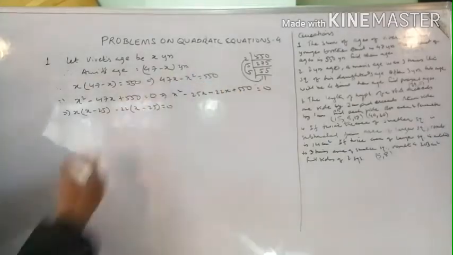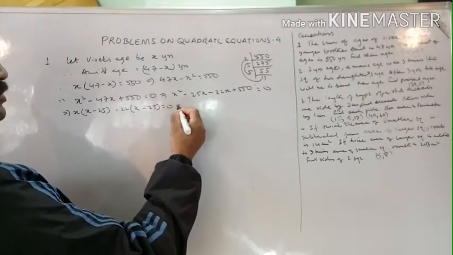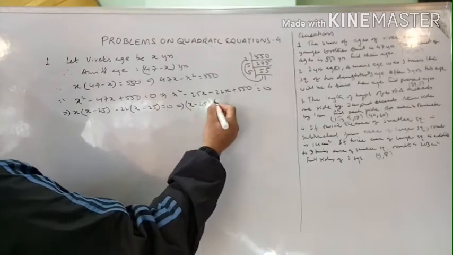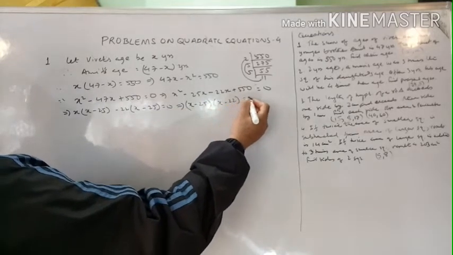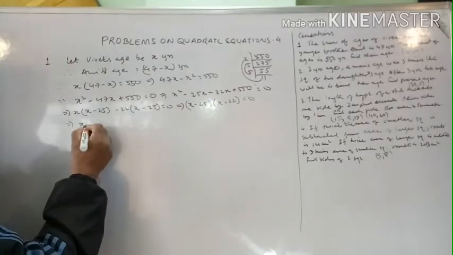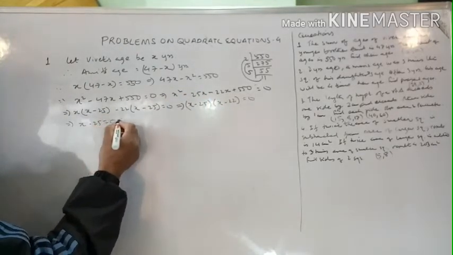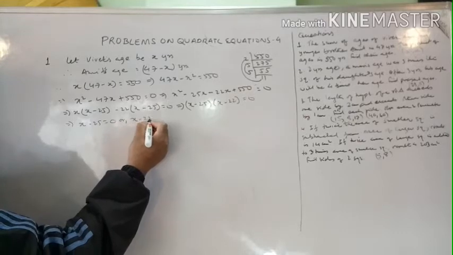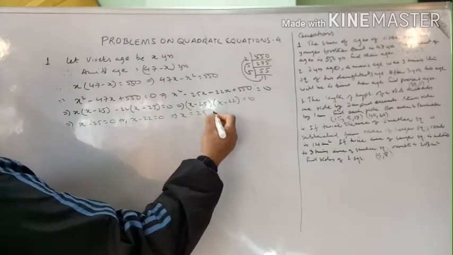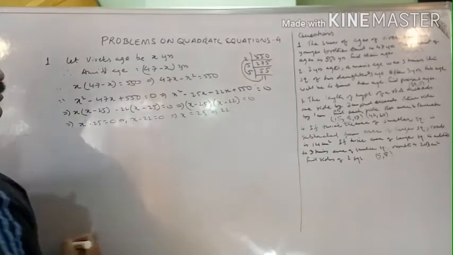When you multiply you get it back. Taking common x minus 25 once again, what is left is x minus 22 equals 0. Applying the zero product rule, either x minus 25 equals 0 or x minus 22 equals 0. This implies x equals 25 or 22.